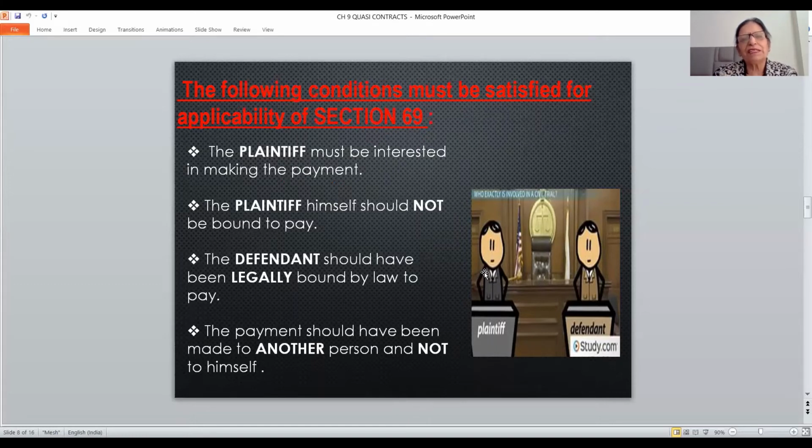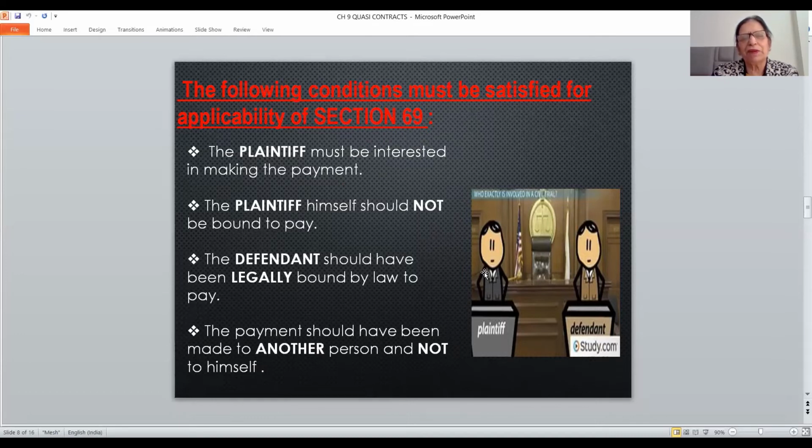Say, for example, A has given his land on lease basis to B. A has to pay land revenues to the government, but he commits default. Now B knows that if A doesn't make the payment of land revenues, then his lease will be cancelled. Now B has an interest in the payment.